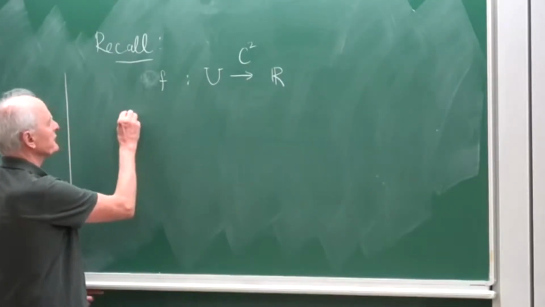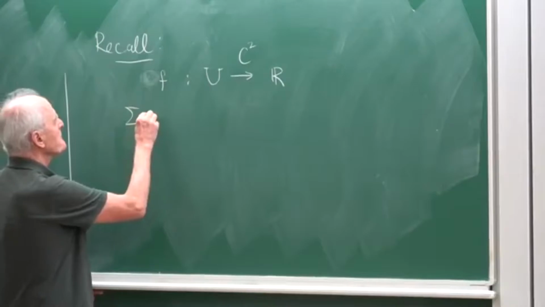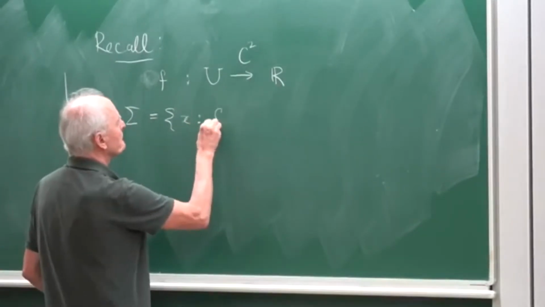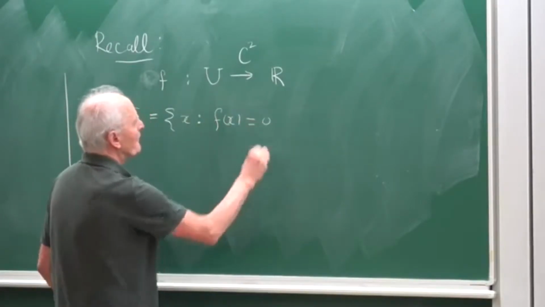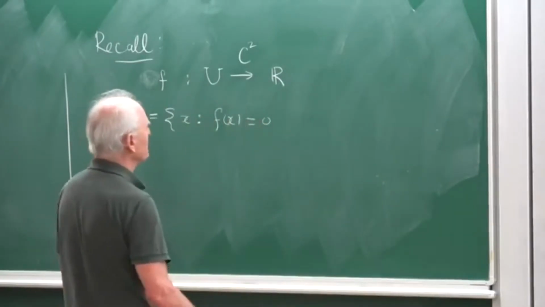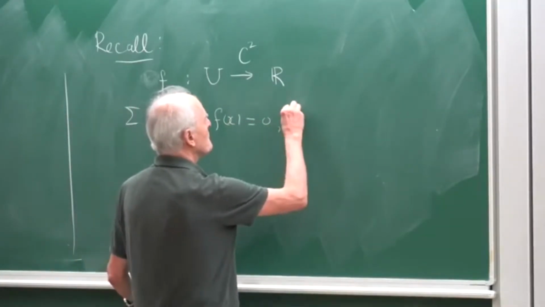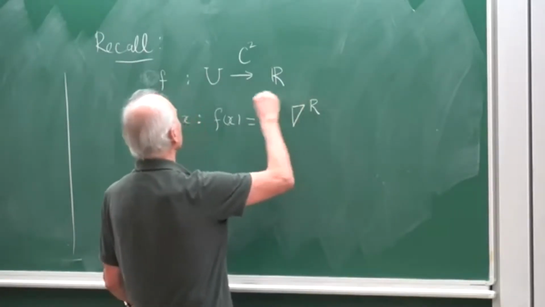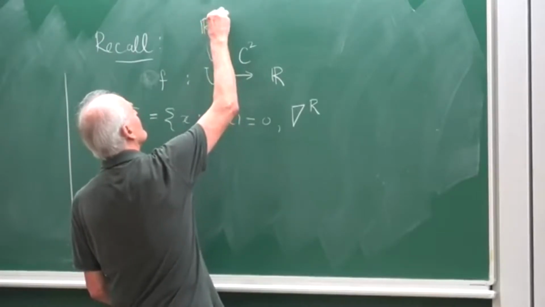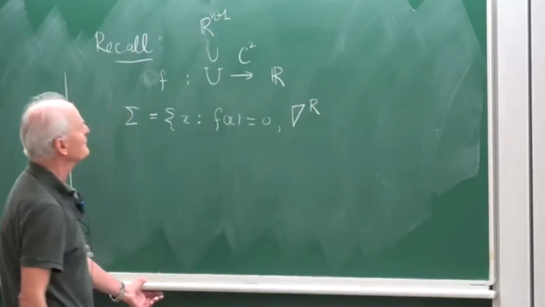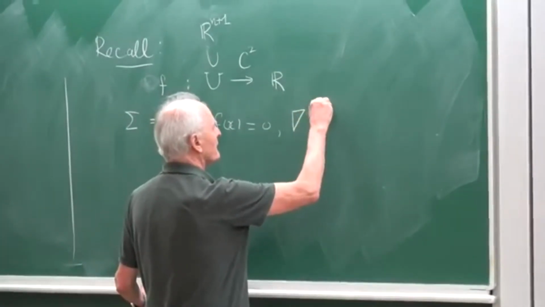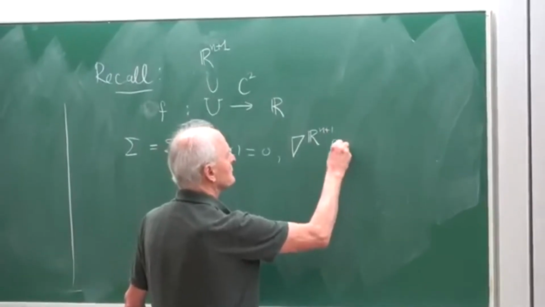And then you look at the level set. You look at the zero level set, and you only consider the points where the gradient is non-zero. This is the gradient in U contained in R^(n+1), the full gradient in R^(n+1) of f at x not equal to 0.